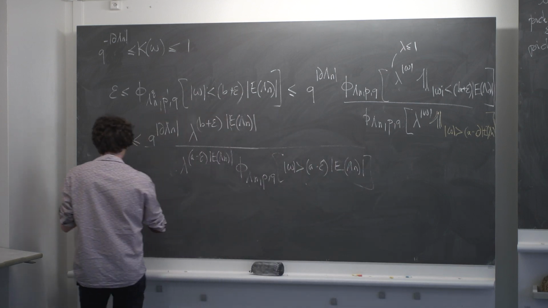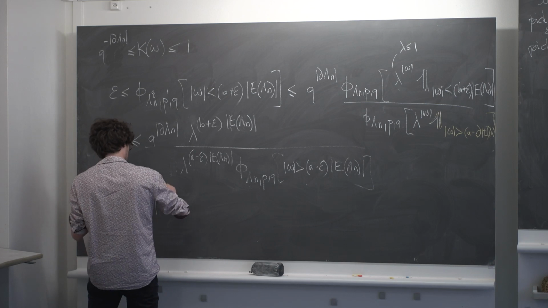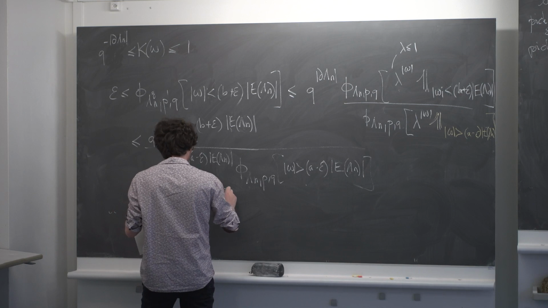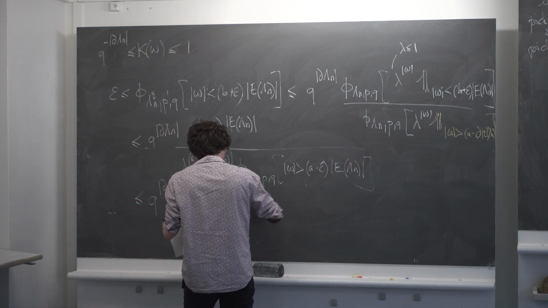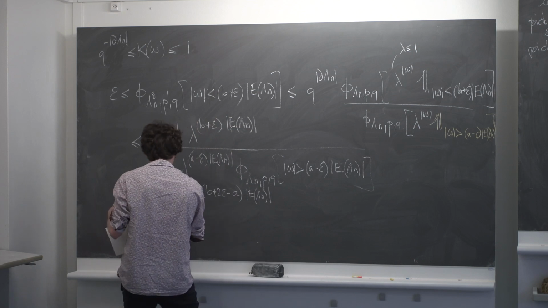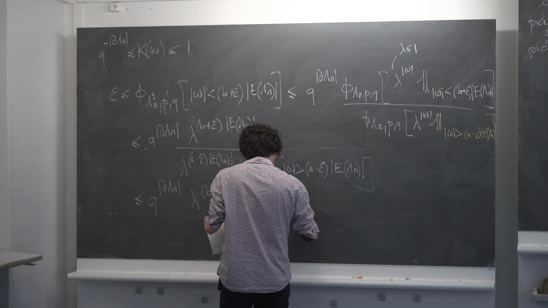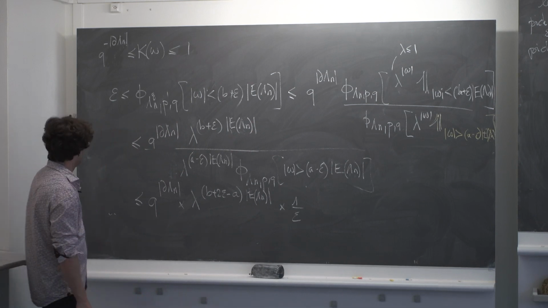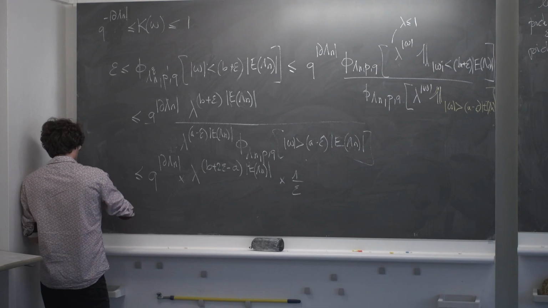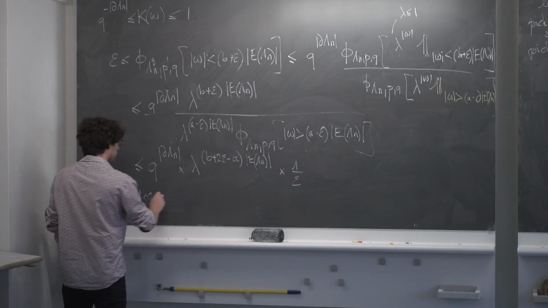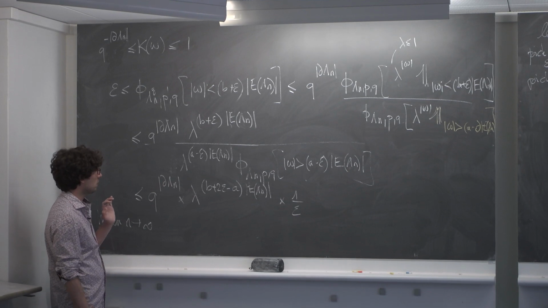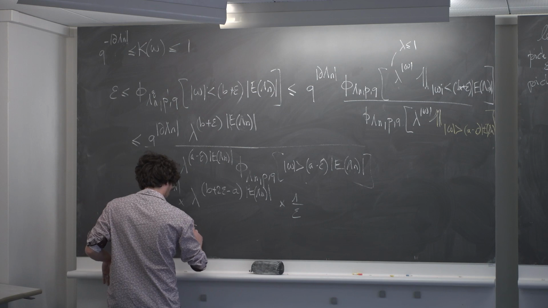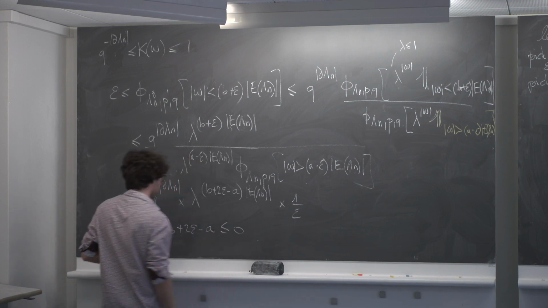So overall, I get smaller than q to the lambda n, lambda to the b plus 2 epsilon minus a e of lambda n, and I get divided by 1 over epsilon. When I see this quantity, what do I deduce? When n goes to infinity, in order for this to make sense, you need b plus 2 epsilon minus a to be smaller or equal to 0.